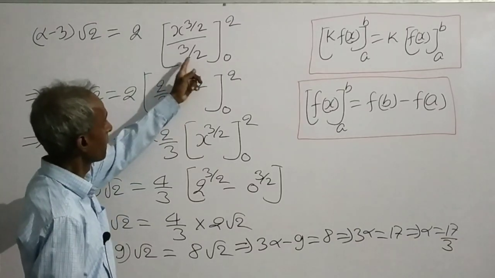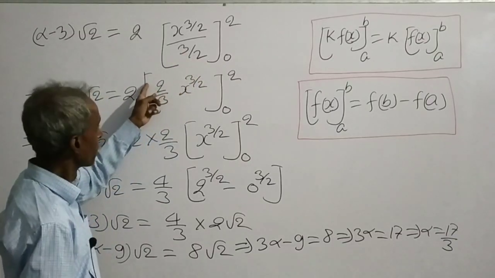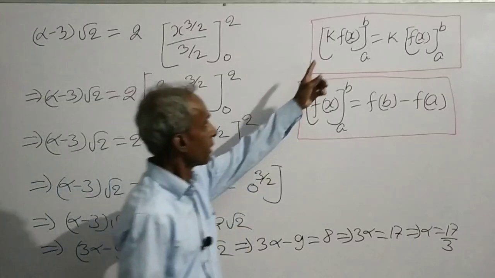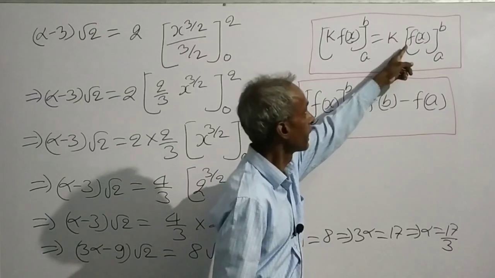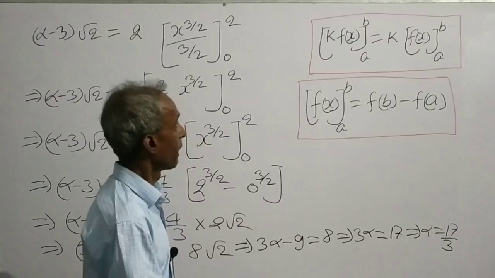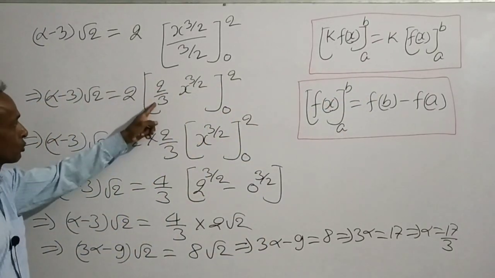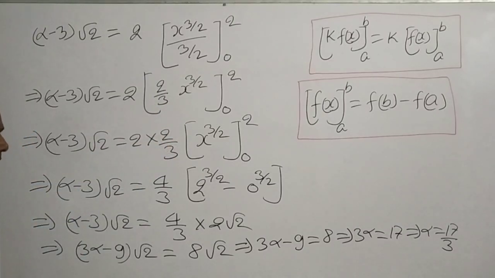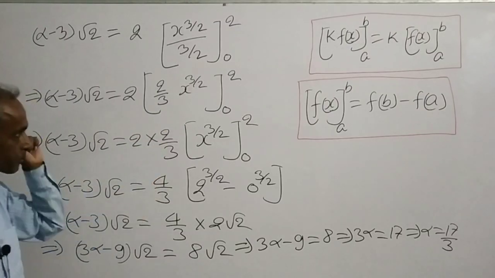This 3 by 2 in the denominator can be written as 2 by 3. k times f(x) from a to b is equal to k outside this bracket, f(x) from a to b. By using this property, we can write this 2 by 3 outside this bracket. This becomes 4 by 3.